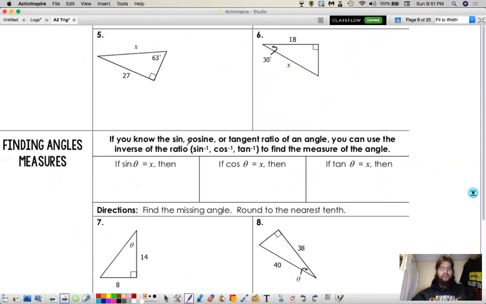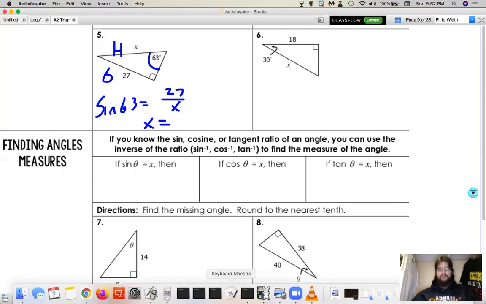All right, a couple more. Opposite, hypotenuse. That's an O, by the way. So that's going to be a sine. Sine 63 equals 27 over x. So x, you can go ahead and figure that out. It's going to just swap places, right? 27 over sine of 63.